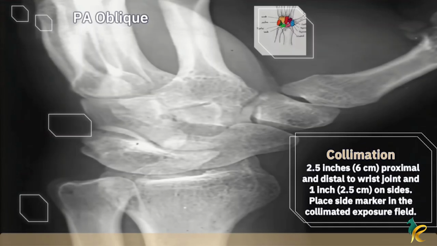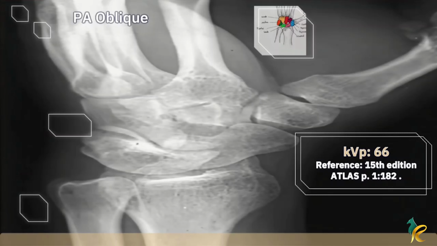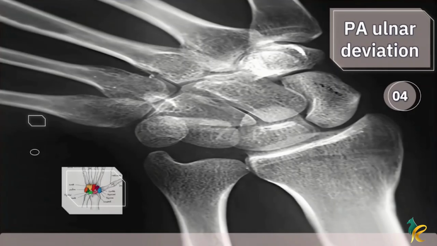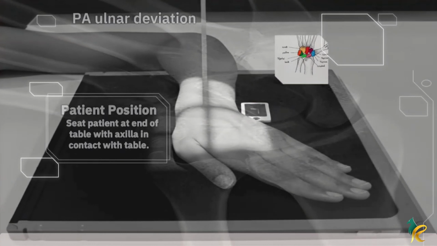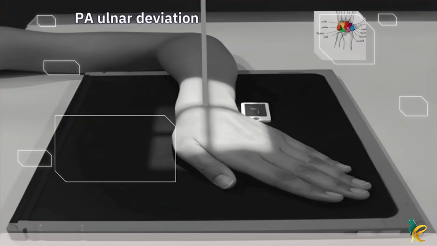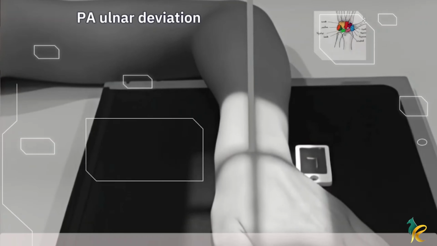For the ulnar deviation technique, the patient, like any other technique we went through, must be seated at the end of the table with their axilla in contact with the table. They need to flex their elbow 90 degrees while their forearm and arm are in contact with the table. They must center the wrist to the IR without moving their forearm.